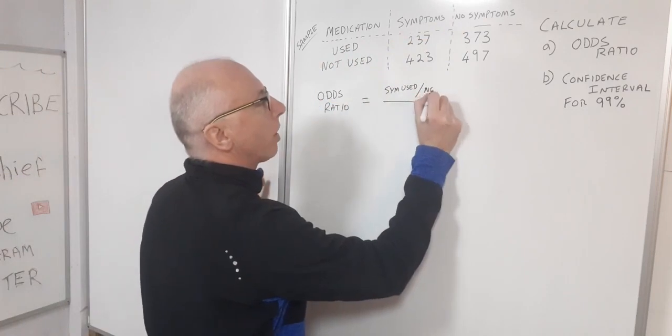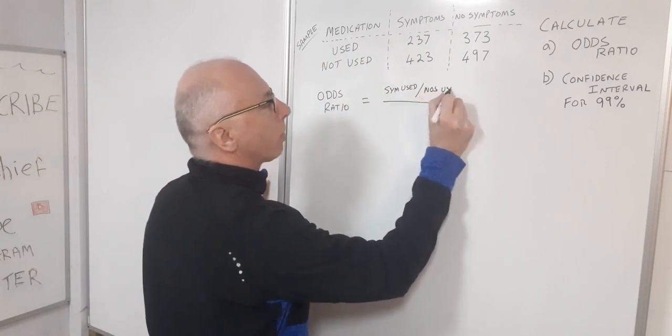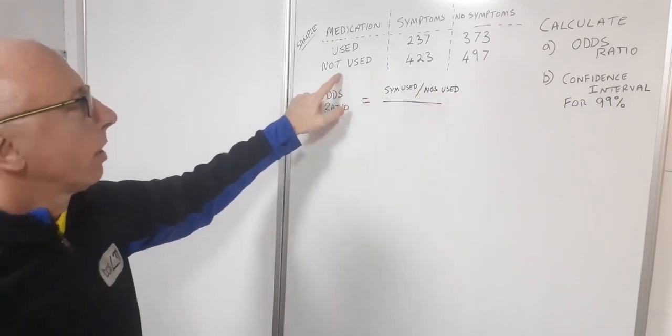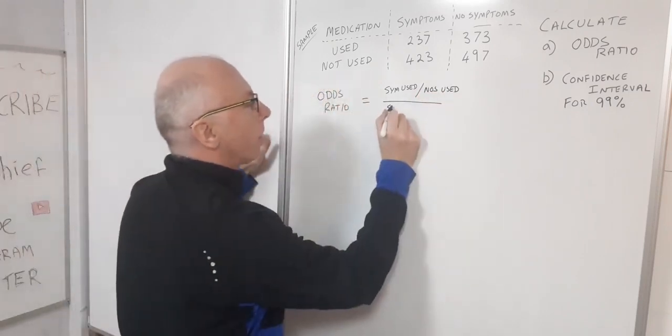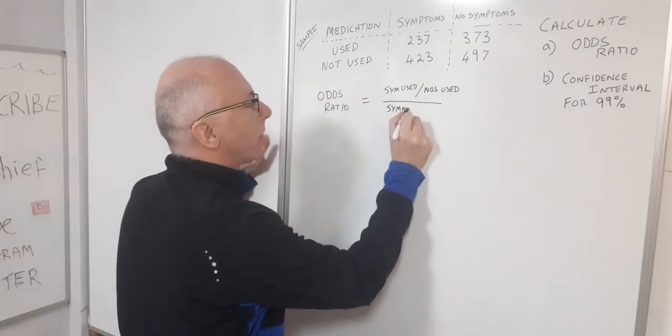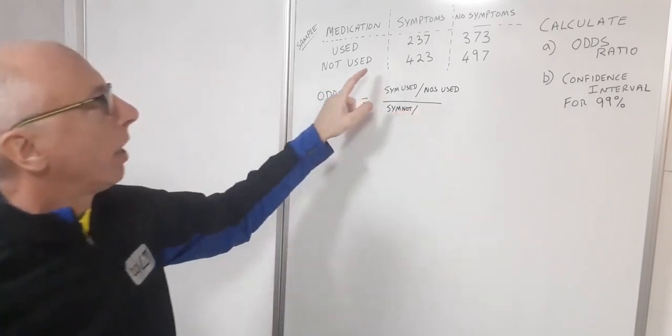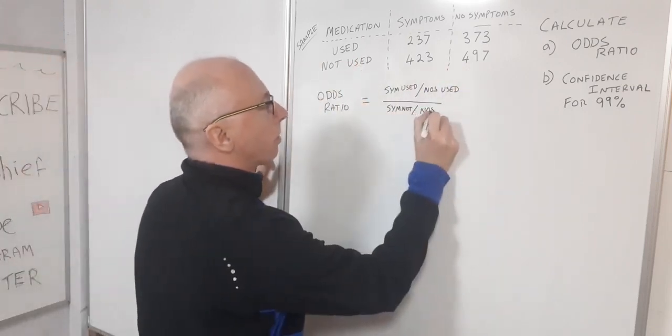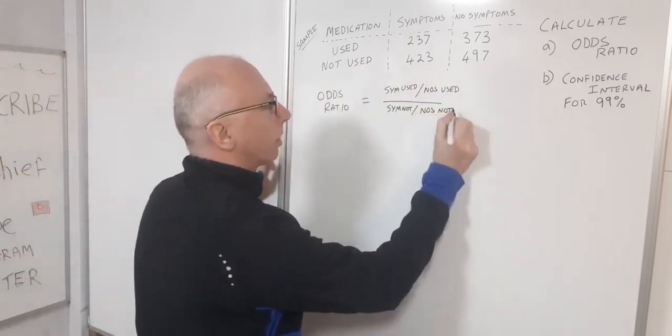Then our denominator will be the opposite: symptoms and not used, divided by no symptoms and not used.